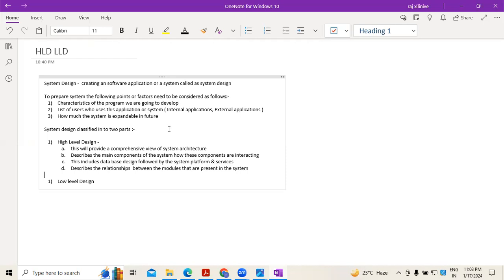Now, why are we creating a high level design? For what purposes are we going to create a high level design? Normally, high level design is created by us because we want to get an acceptance from the stakeholders. Because initially, whatever requirements the customer has given, including the non-functional requirements, whenever we develop any application, the customer should know what application we are developing and how we are developing it.